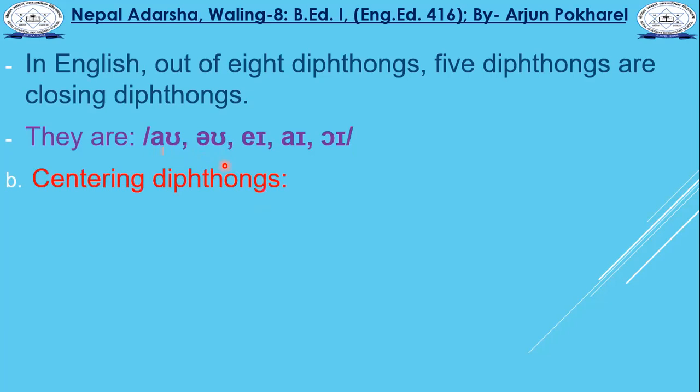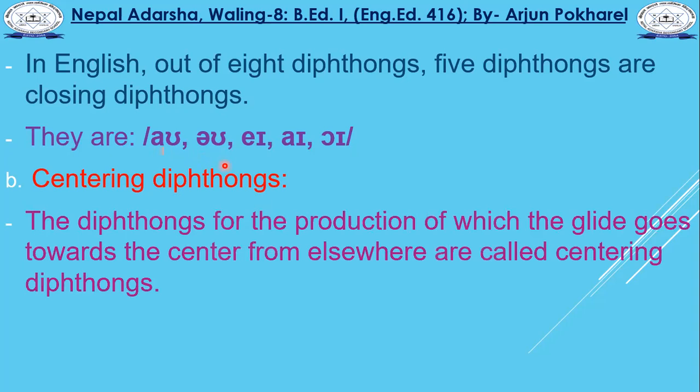The next one is centering diphthongs. Centering diphthongs are the diphthongs for the production of which the glide goes towards the center from elsewhere. The name is centering because the glide goes towards the center. Out of 8 diphthongs, if 5 are closing diphthongs, then the remaining 3 are centering diphthongs.